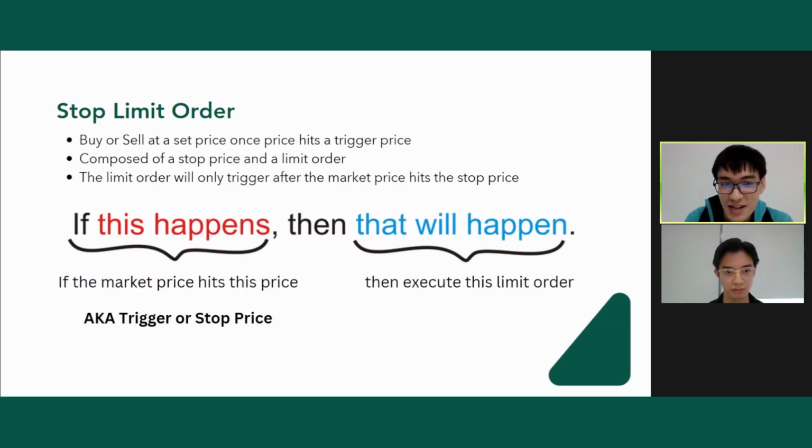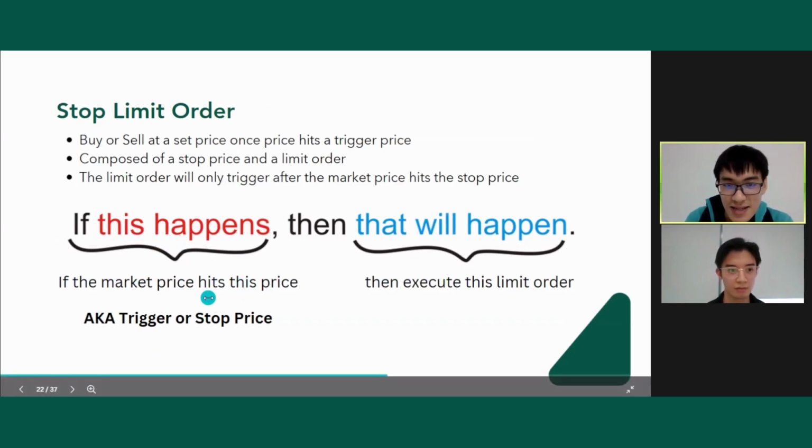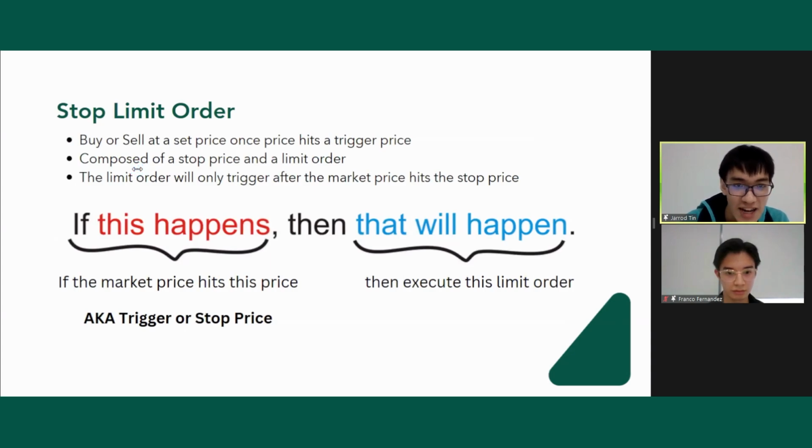So ganun lang siya. If this happens, then execute mo itong order na to. So it's composed of a stop price and then a limit order. Then the limit order will only trigger after the market price hits the stop price.